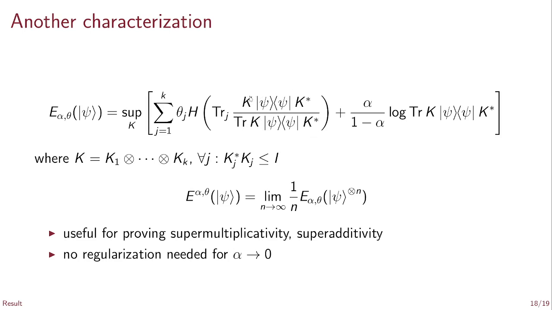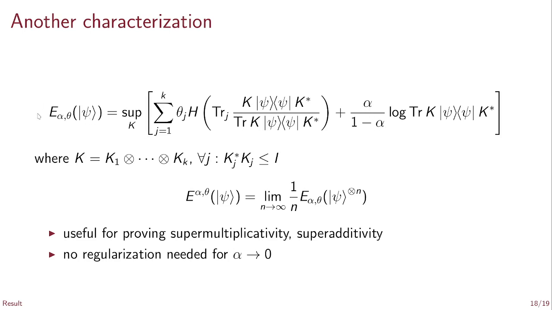We normalize it and take the convex combination of its marginal entropies. So that's the first term. Whereas in the second term, we just take the norm of the result, which we used here for normalizing that. We take the logarithm of that, again with a tunable parameter.